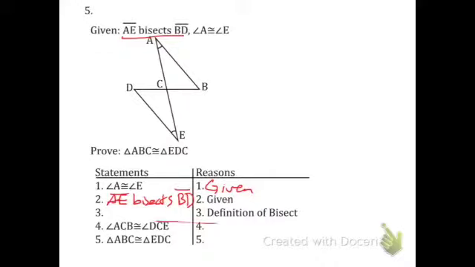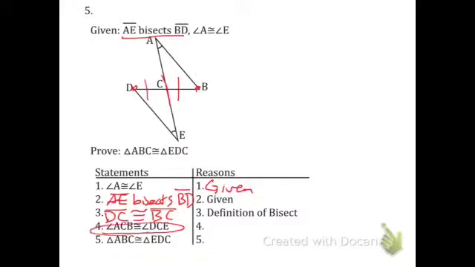Okay, and then this middle one here, this is like kind of getting into what does it even mean to be a bisect, and the definition of bisect will let us know what's going on. So if AE bisects this segment, it's like you took a knife and you cut it in half. And so this segment is now cut into two equal pieces. And so we know that DC is congruent to BC because AE bisects DB.